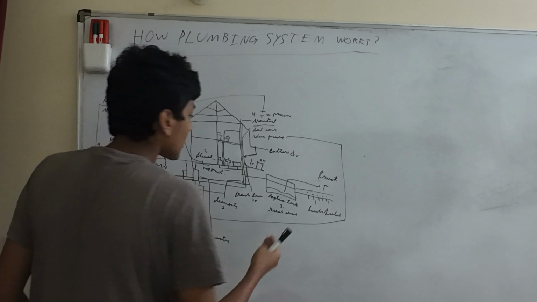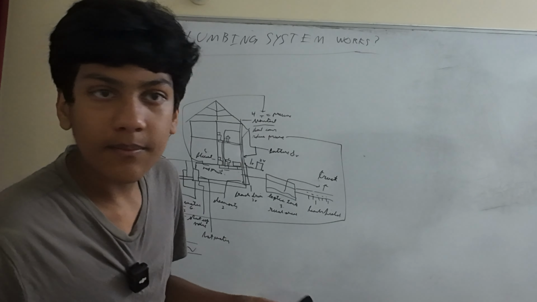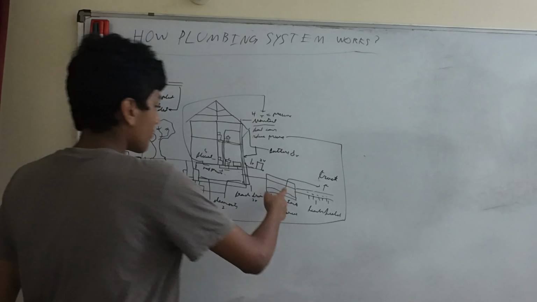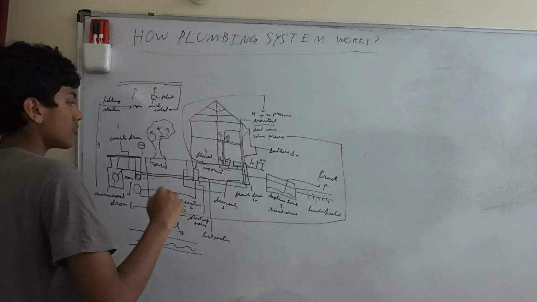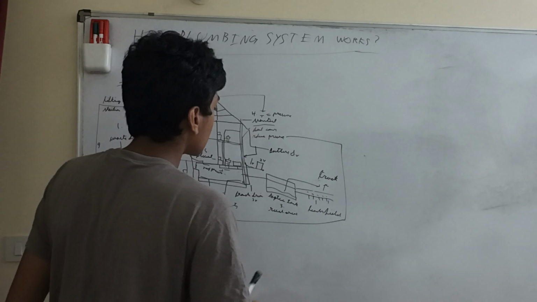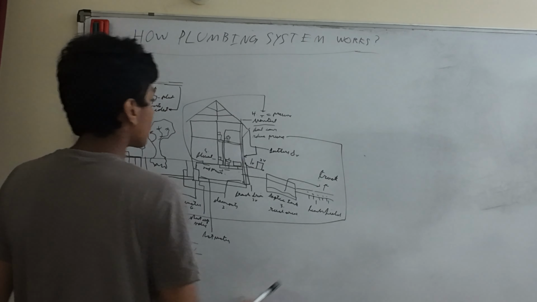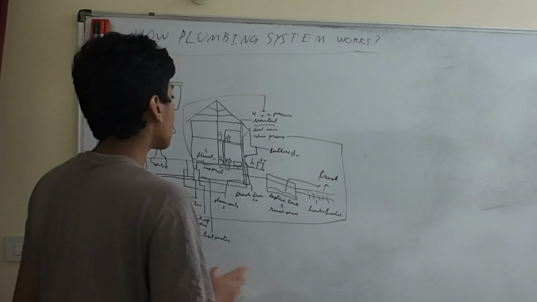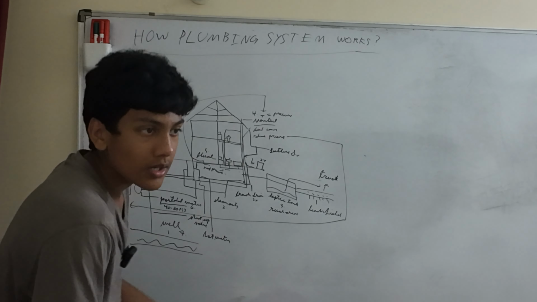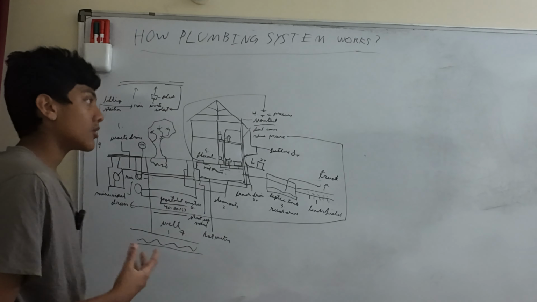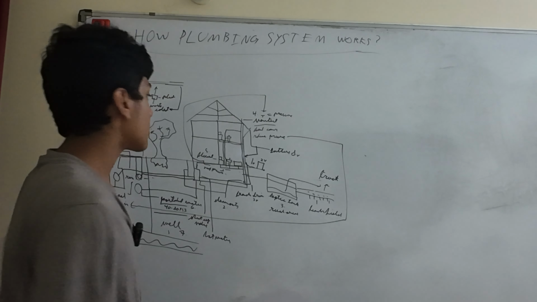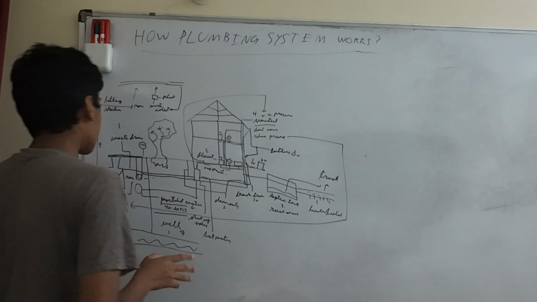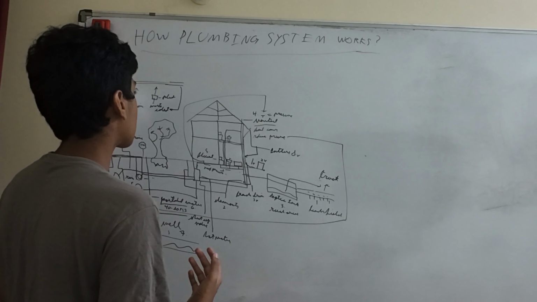What the septic tank does is basically split the waste into solid and liquid. The liquid goes out of these leach fields into the soil, while the solids have to be taken up by a truck and sent to some waste area.